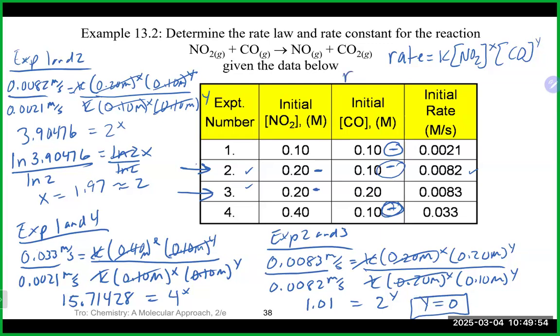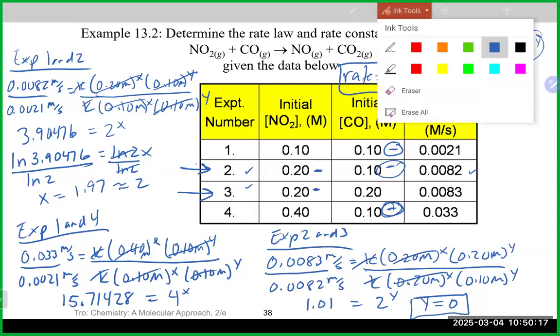In this case, the rate would equal our K NO2, and this is going to be squared. Once again, I'm going to choose not to include the other one. If you do include it, you do need to put the 0 there and not just leave it with nothing there.